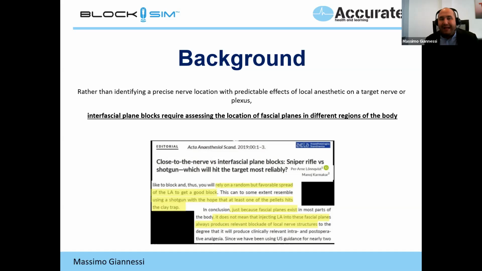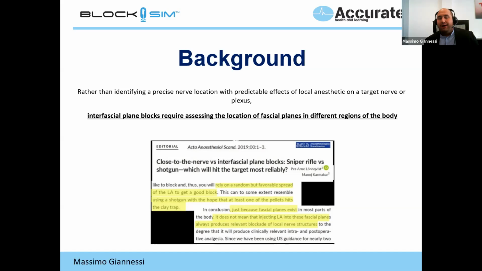Basically, instead of identifying a precise nerve location with the predictable effects of local anesthetic, with the fascial blocks we inject the anesthetic, which then goes down through the layers of the muscles and reaches different regions of the body.